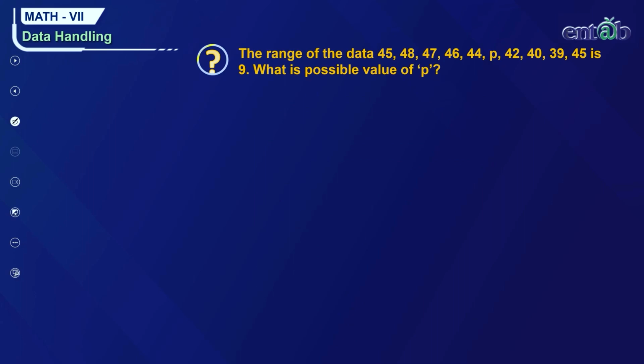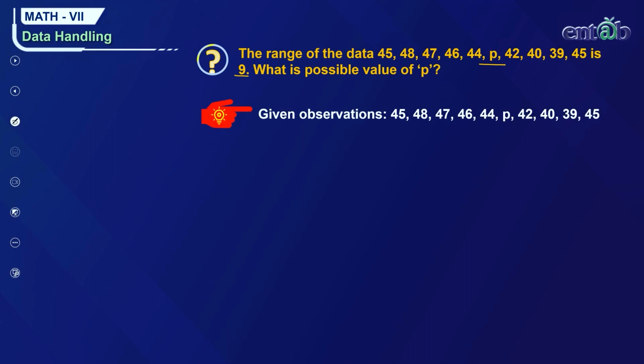Now let's look at this question. The range of data given to us is 9. Again, in this data, one of the observations is missing. What is the possible value of P? Right? We will be looking at the observations.